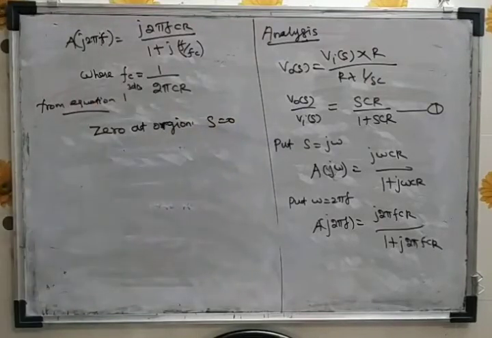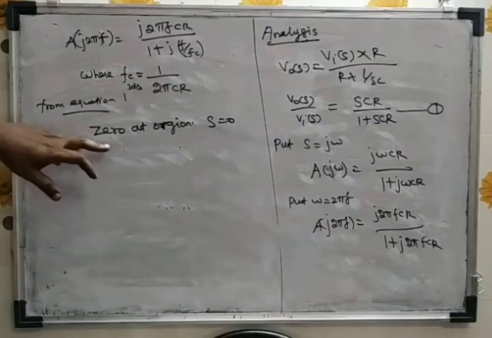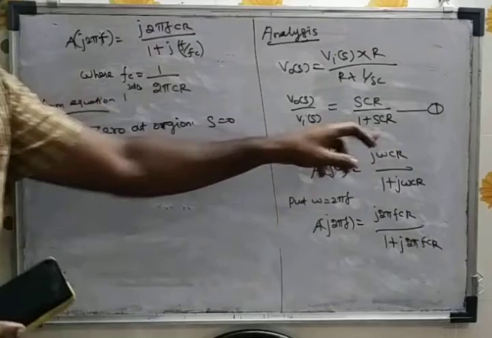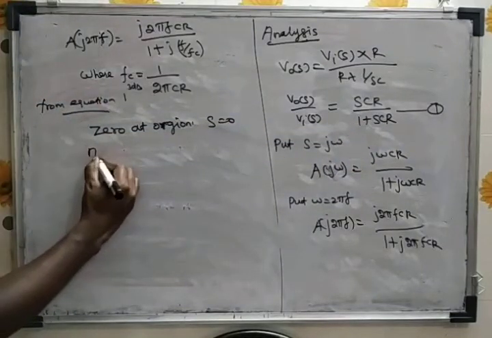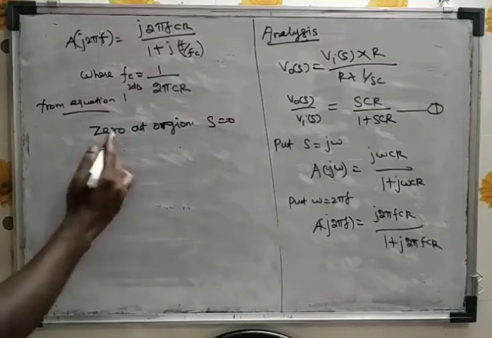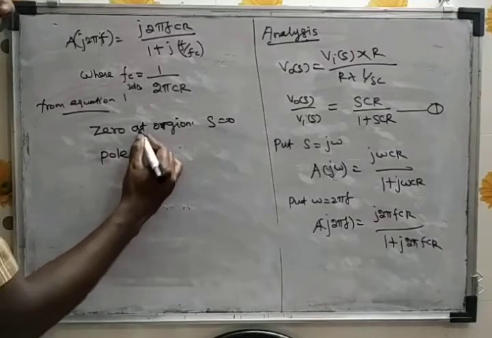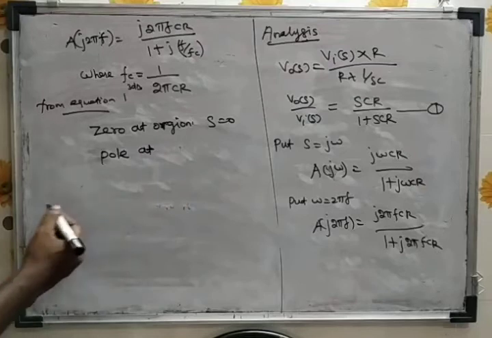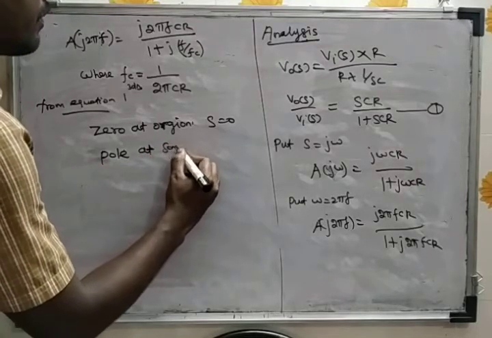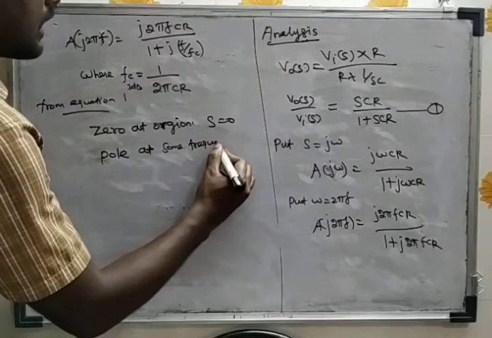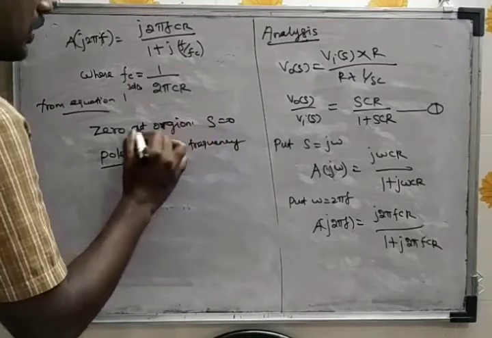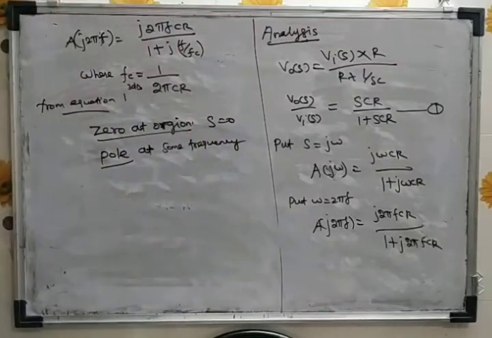Then you also have a non-zero pole at some frequency. So you have a pole at some frequency and a zero at the origin.